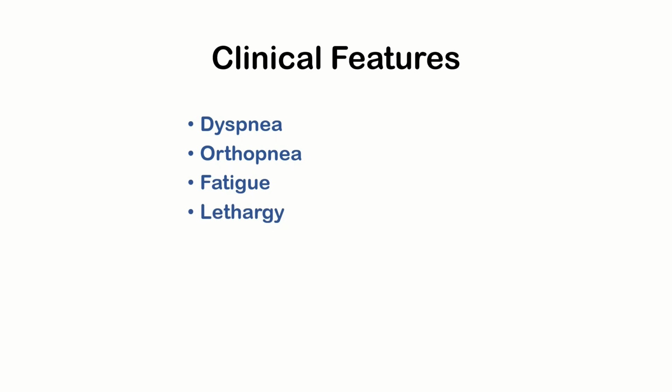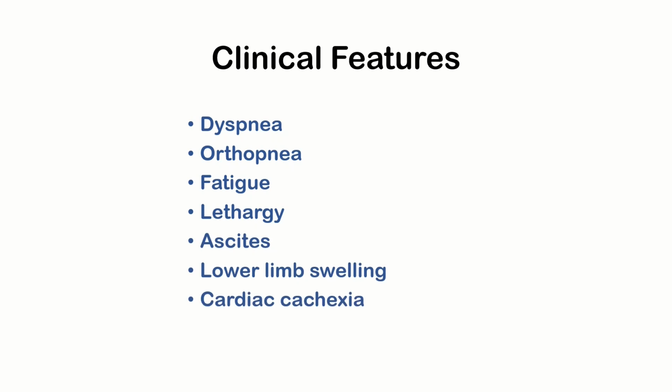In the late stage of the disease, the symptoms of right heart failure also occur and eventually lead to congestive heart failure. This will be seen as fluid in the abdomen or ascites, or lower limb swelling. Apart from that, cardiac cachexia may develop in mitral regurgitation. Thromboembolism is less common than in mitral stenosis, but subacute infective endocarditis is more common.